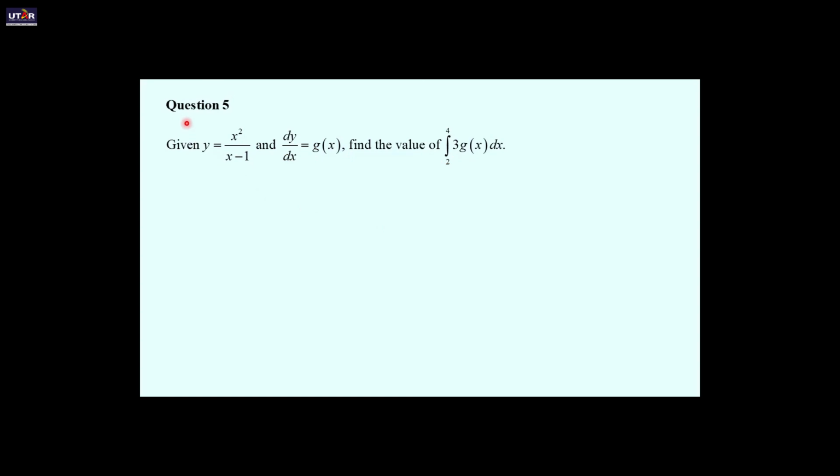Let us continue with question 5. You are given that y is equal to x squared over x minus 1. And you are given dy/dx is equal to g(x). You are asked to find the value of the integral of 3g(x) with respect to x from x is equal to 2 until x is equal to 4.